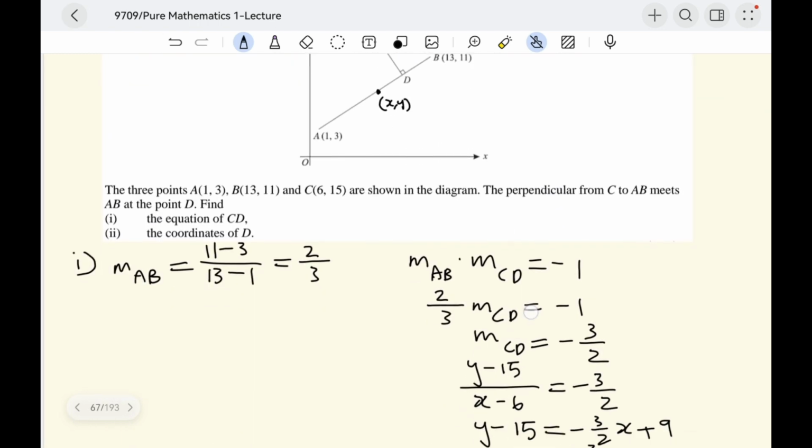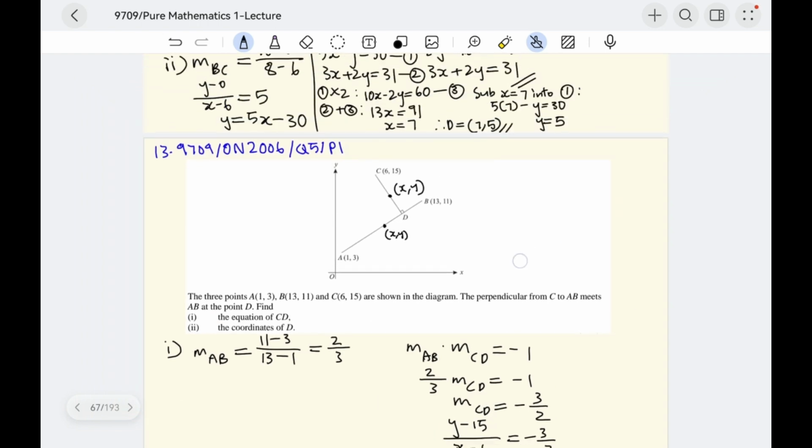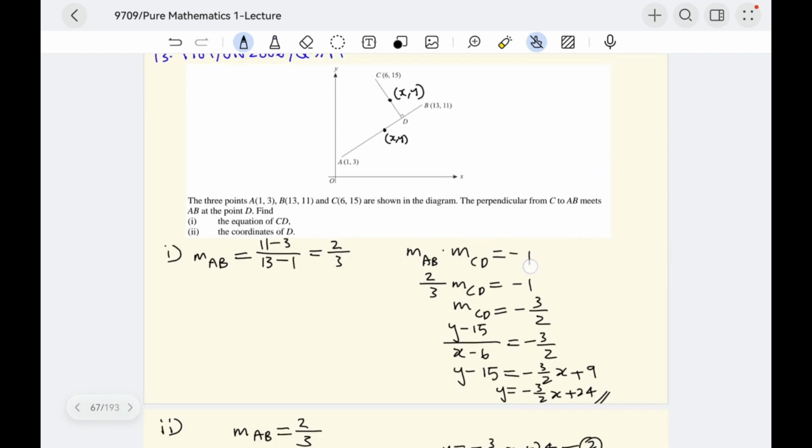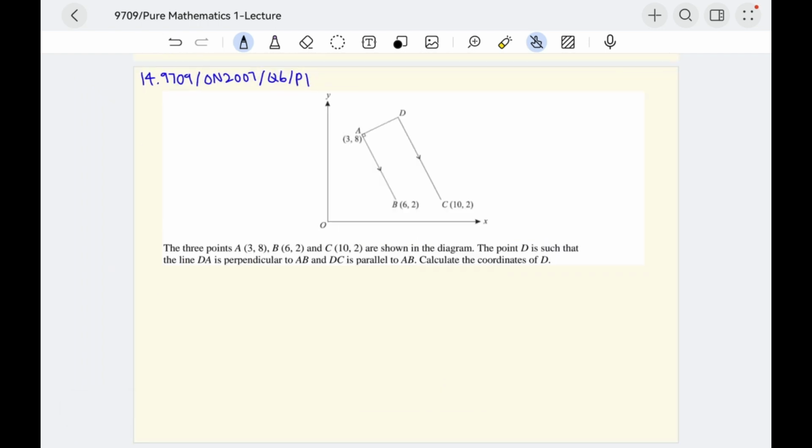So yeah, we have done this question already. Alright, let's move on to the next question, which is question 14. This is a past year question, 9709 October November series 2007, question 6 from paper 1.